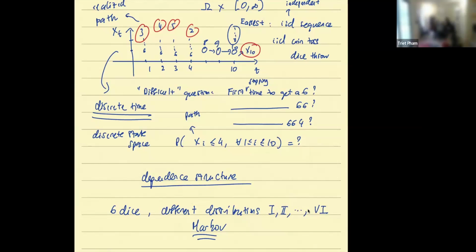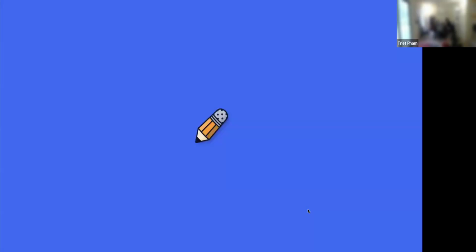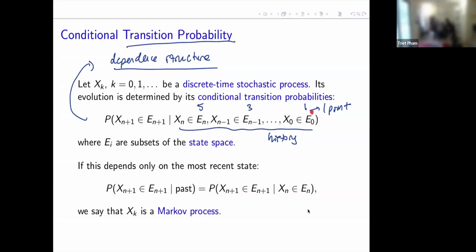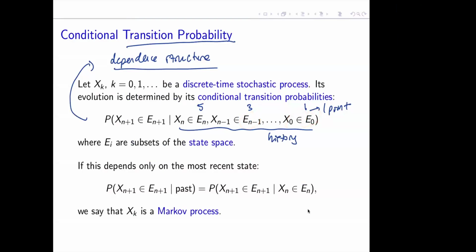But to answer your question, there's no reason why the E_i have to form a partition, because they actually have not much to do with each other. This is the state that X0 occupies, and then the state that X1 occupies. Why would they have to form a partition?